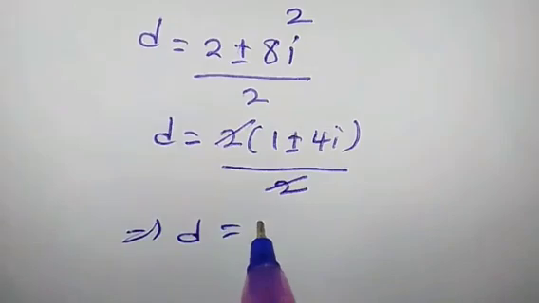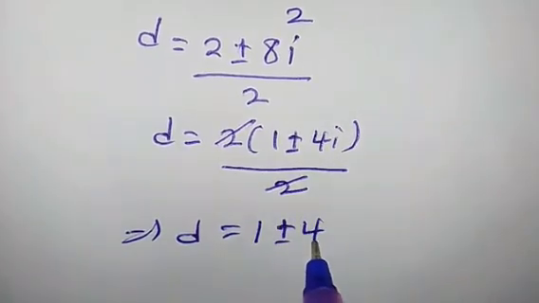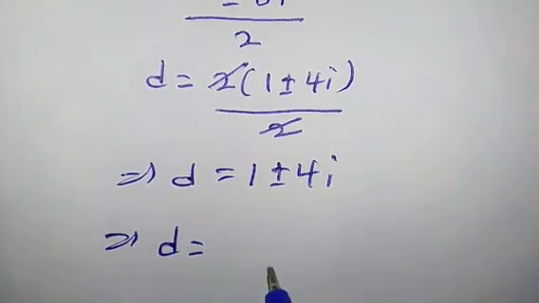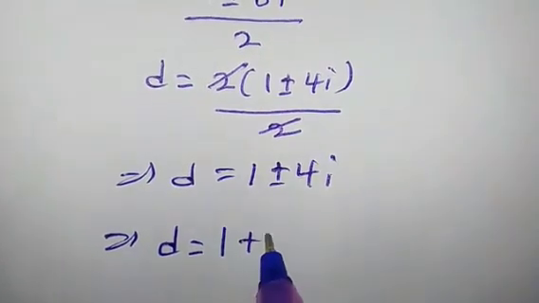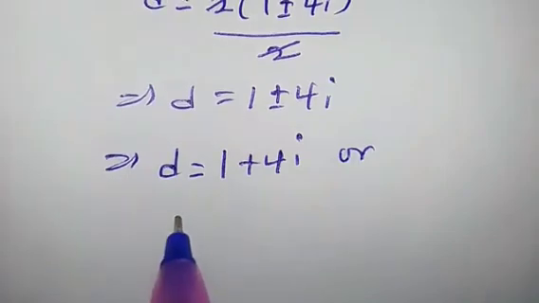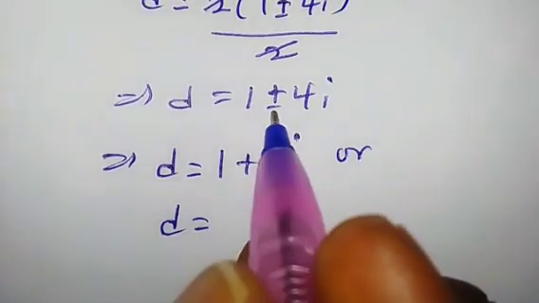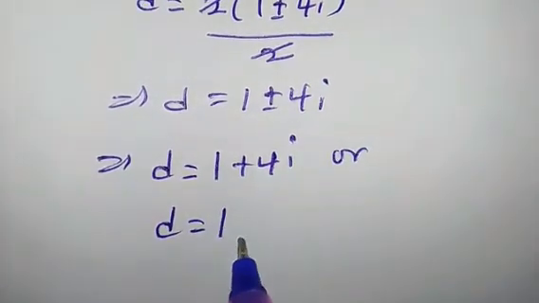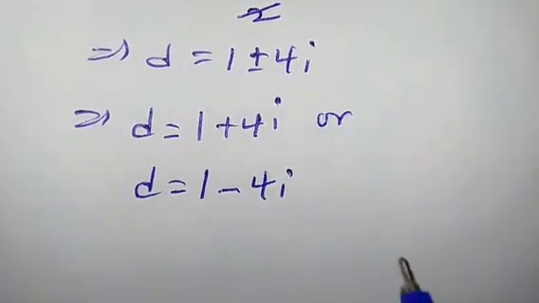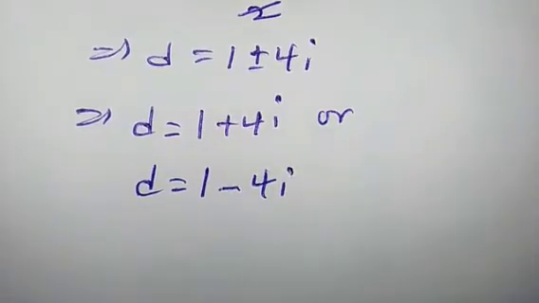We are left with 1 plus or minus 4i. This implies that d is equal to 1 + 4i, or d is equal to, considering the negative sign, 1 − 4i. You will notice that we have two complex solutions.